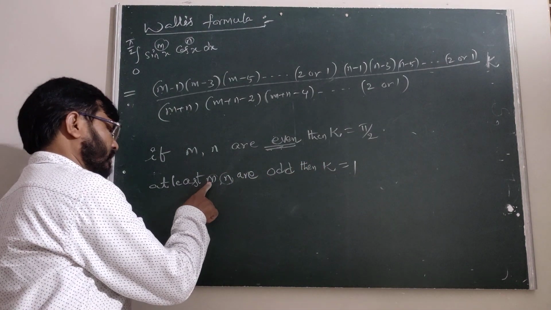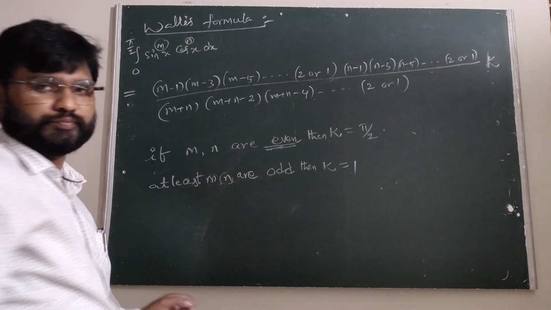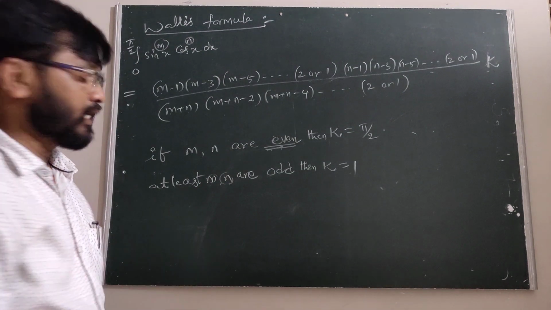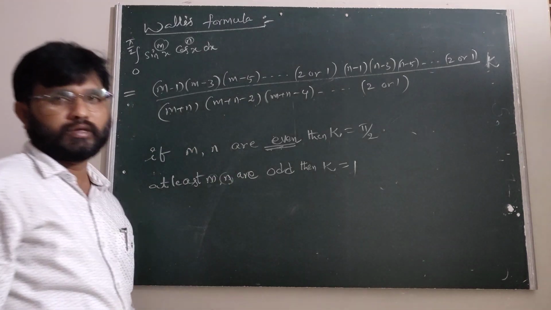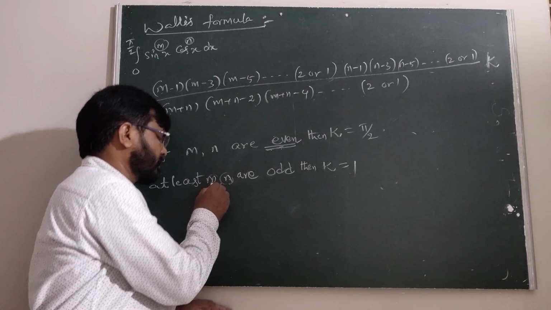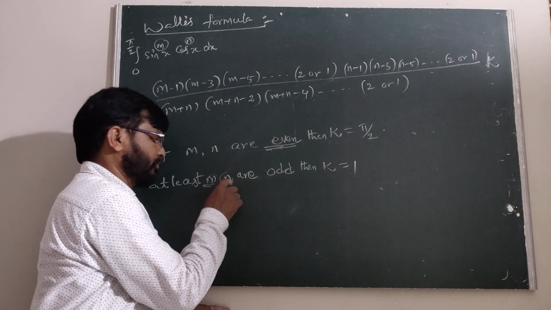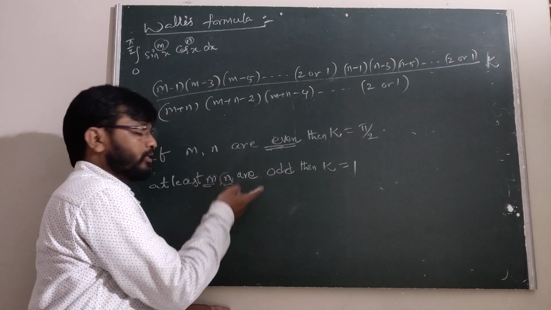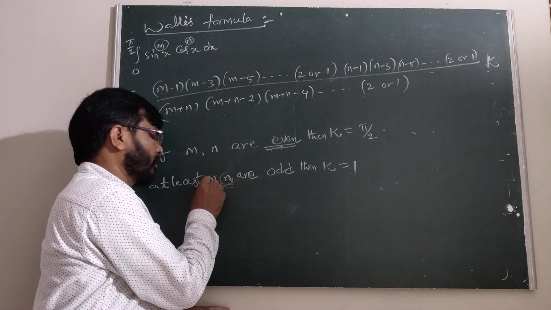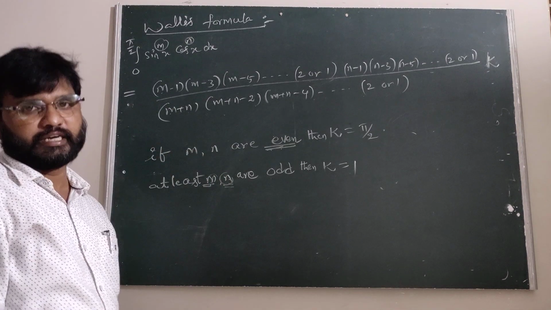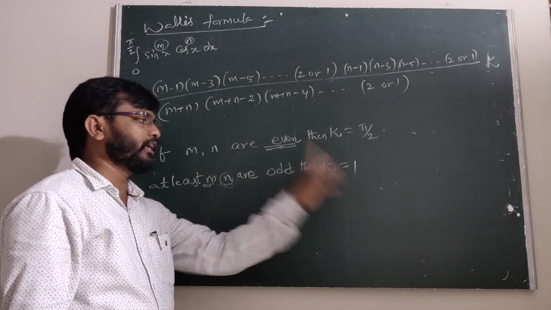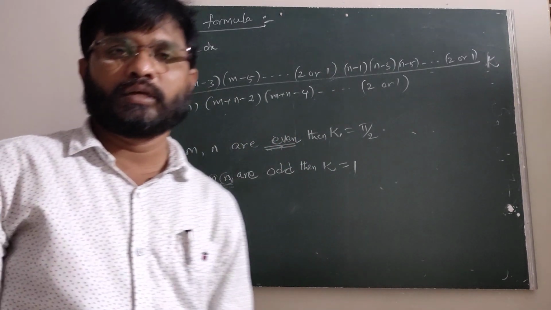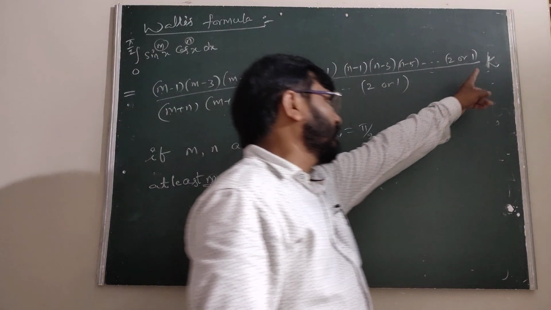When both are even, we take k equal to pi by 2.